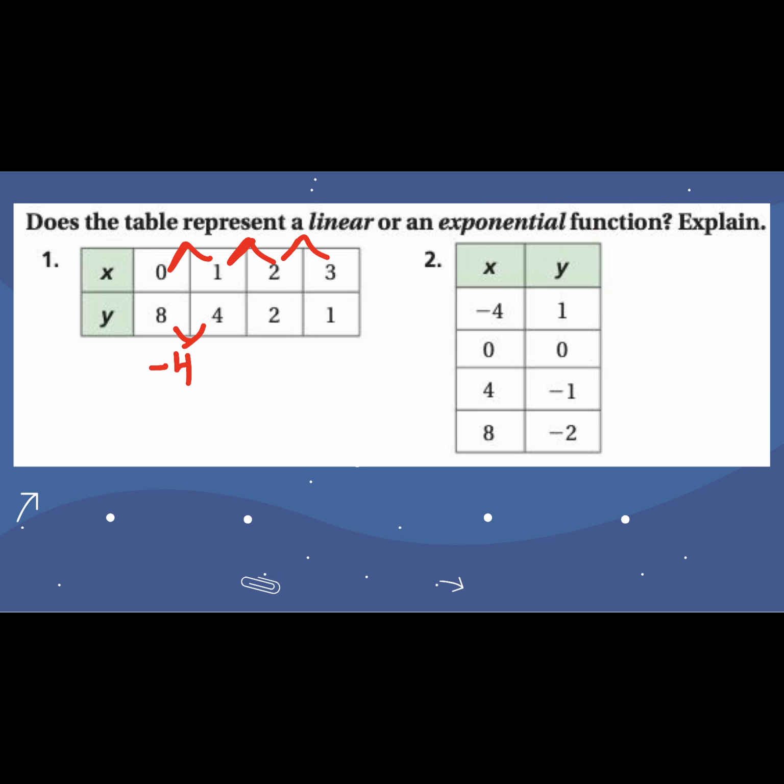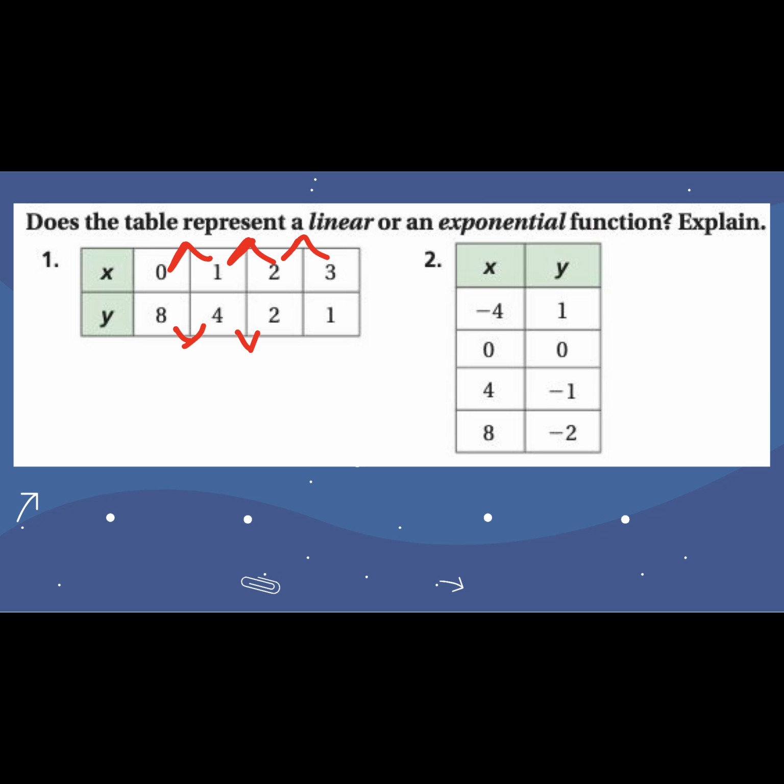We are subtracting 4. When we go from 4 to 2, we are subtracting 2. So once we see that right away, we know that we are not dealing with a linear function, because a linear function would have something consistent. It would be minus 4, minus 4, minus 4 every time. But since we go minus 4, then minus 2, we need to rethink what we're doing.